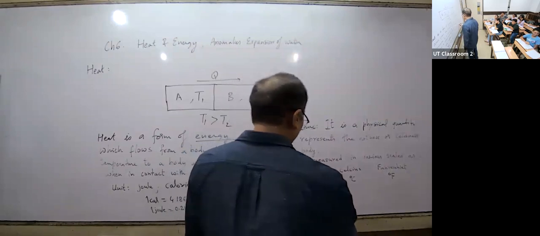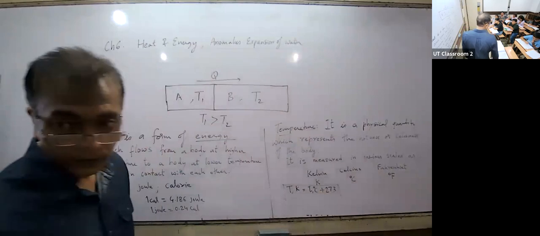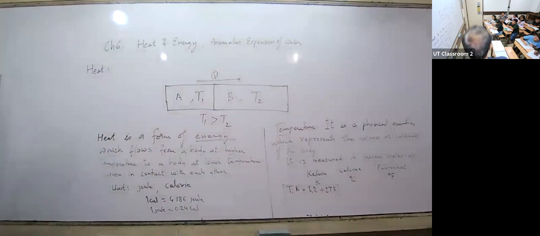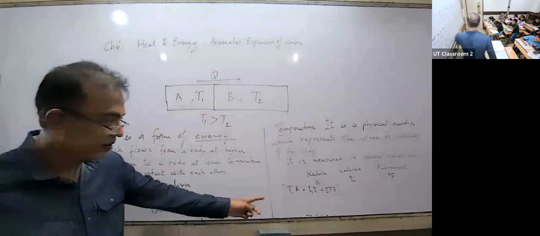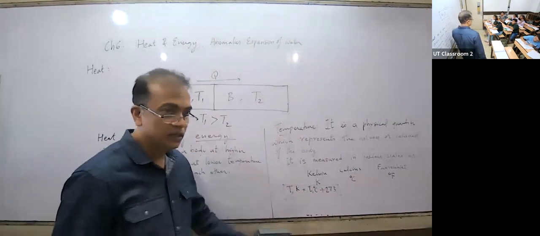This is the relation between temperature in Kelvin and temperature in degree Celsius. Right? So if I have 10 degrees Celsius, it means 10 plus 273, that is 283 Kelvin. Likewise, if you have temperature in Kelvin, you subtract 273 to get temperature in degree Celsius.